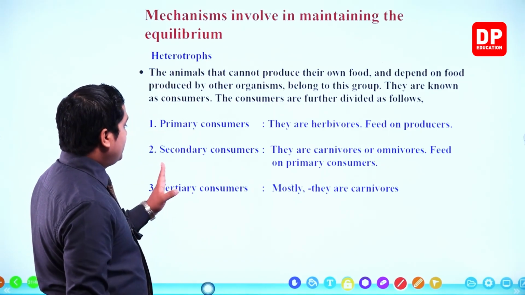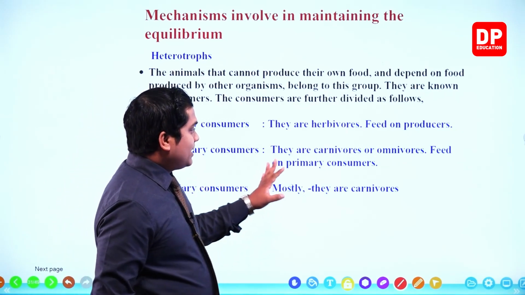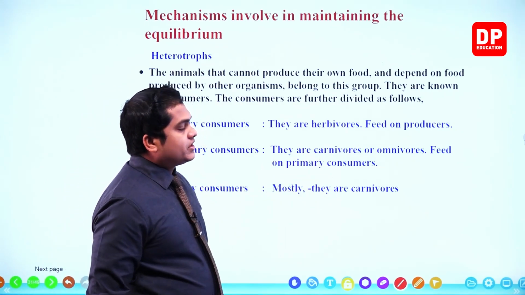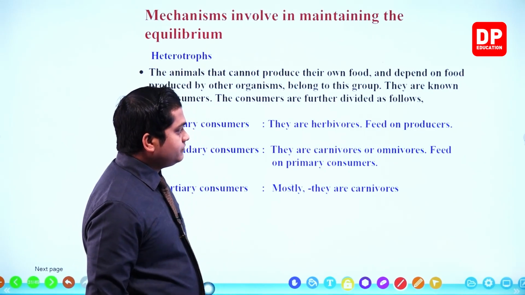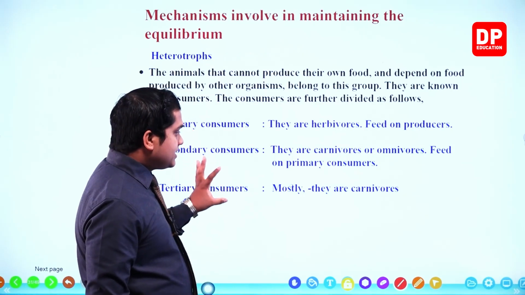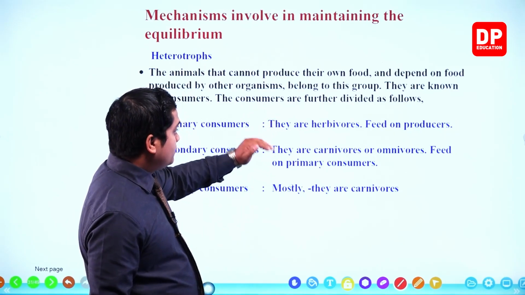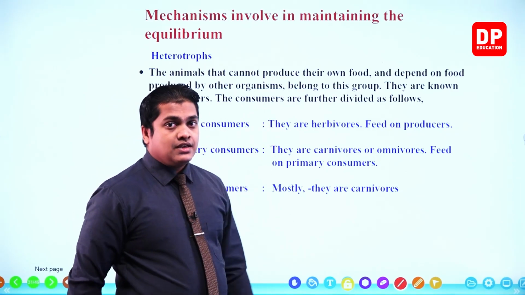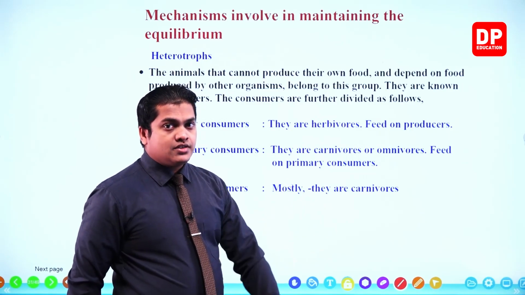Then the second type, secondary consumers. They are carnivorous or omnivorous. These organisms feed on primary consumers, and primary consumers feed on the autotrophic organisms. So as you can see, there is a flow of energy.